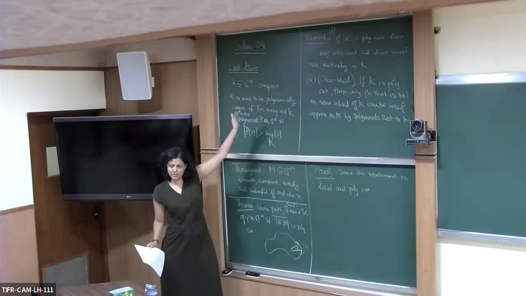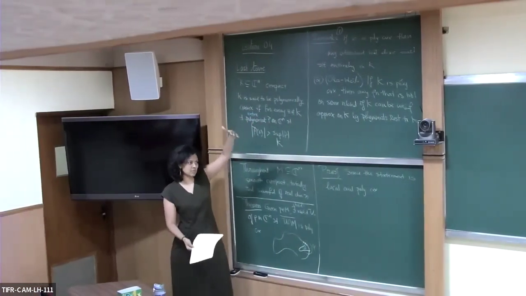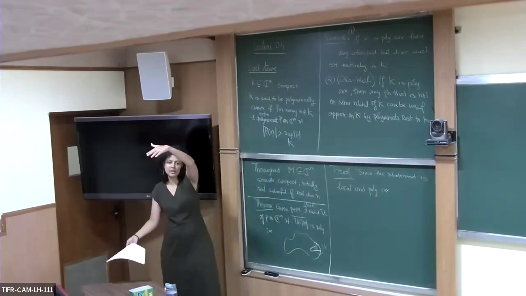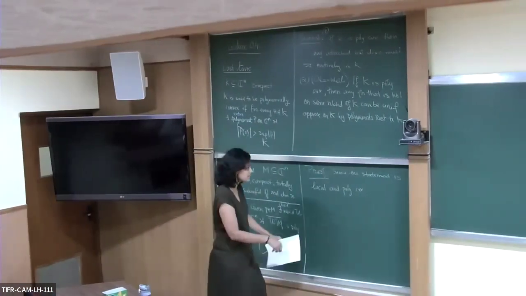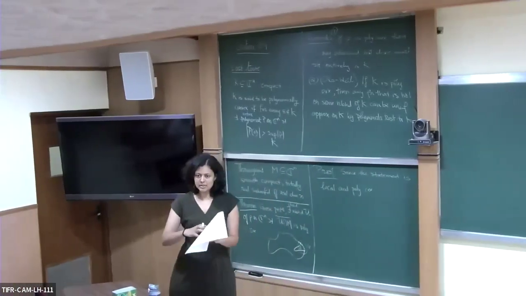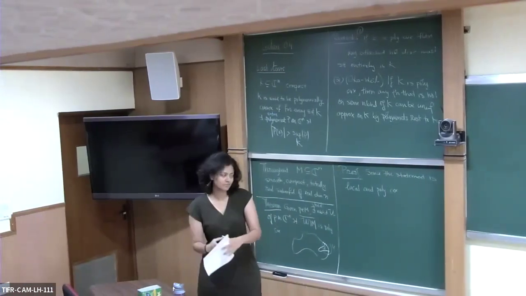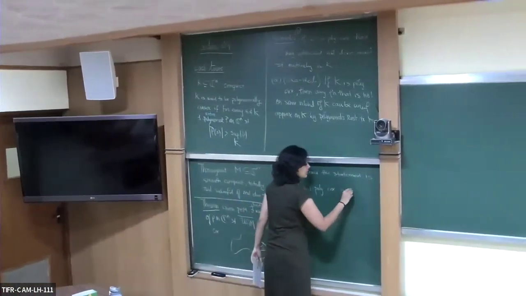In fact, there are examples where you have something polynomially convex and a biholomorphic image of that is not polynomially convex. But what I want to do is use normal coordinates, which I can attain by just a C affine transformation.